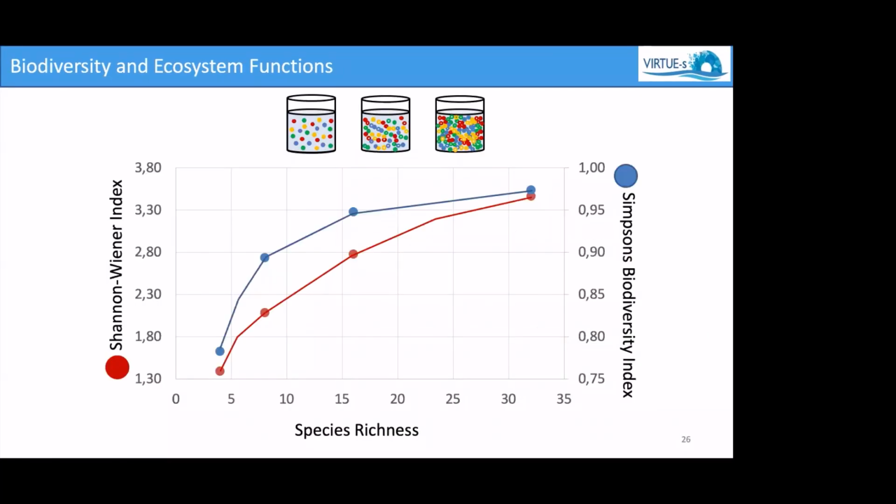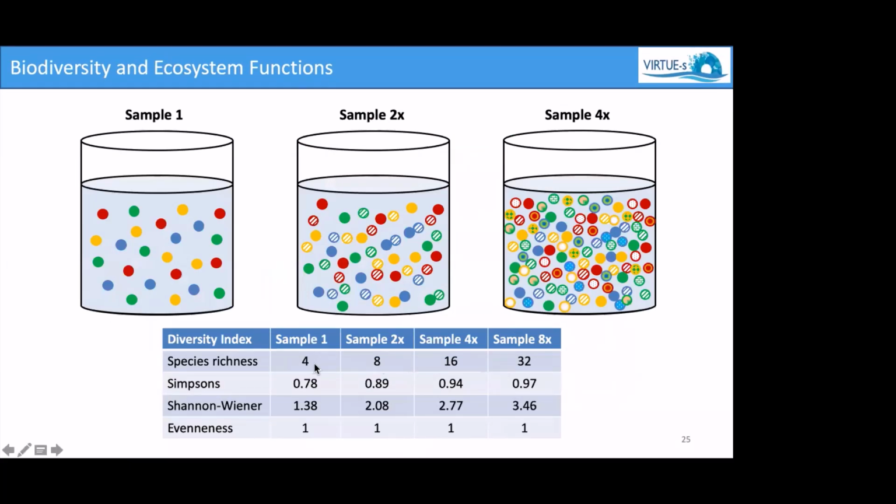Going back here, if we have an ecosystem, for instance, which originally had 8 species, and a disturbance occurred and I reduced the number of species by 4, the Simpson's index or the Shannon-Wiener index is not half. It is not half of the Simpson's here, where I have double the number of species.